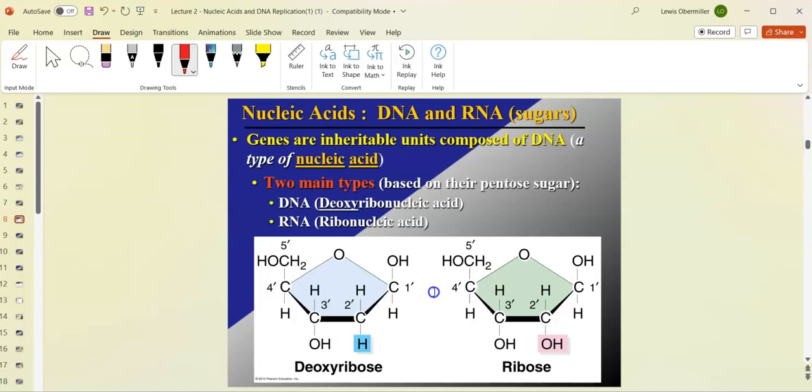Rosalind Franklin is the one that did most of the work, honestly, and she didn't get any credit for it. And it's kind of sad. But you could probably look this up on Google if you're interested in reading more about it. But it's totally a swindle.